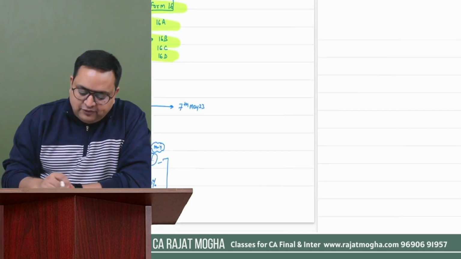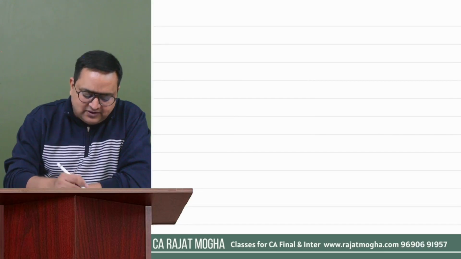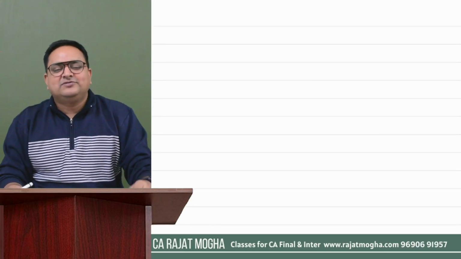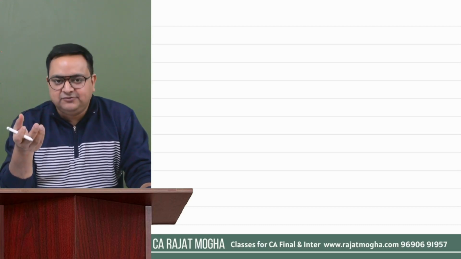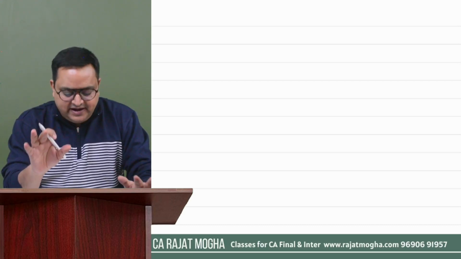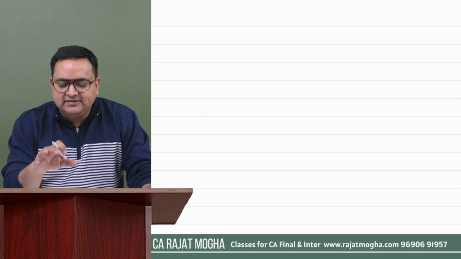Actually we have to compare 3 rates, but that third one is not that important. It was relevant at the time of COVID, when the government prescribed some other rates for TDS. But right now there are no other rates prescribed as enforced.